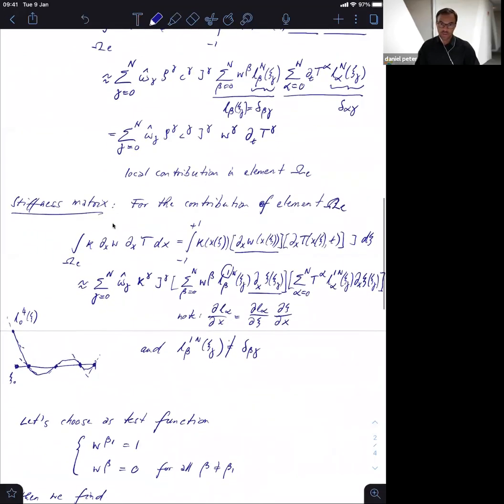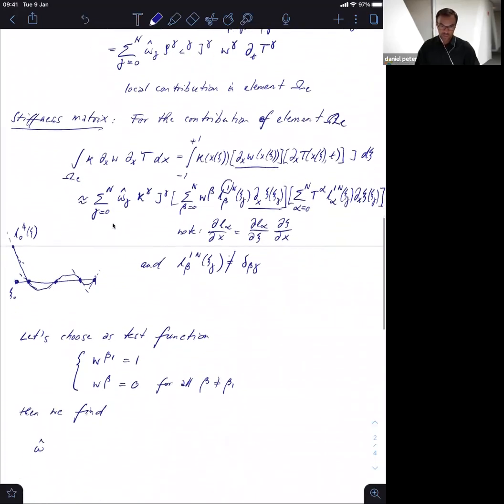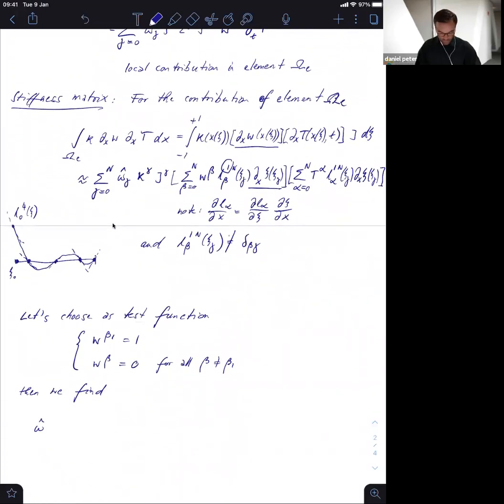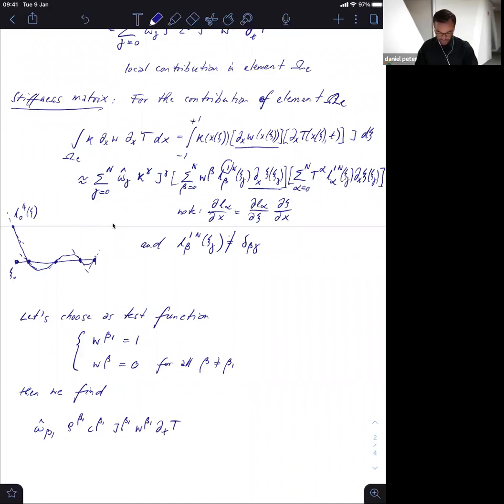So the only non-zero term is this omega beta 1 contribution, rho at beta 1, c beta 1, the Jacobian, and then our test function coefficient beta 1, and the time derivative of the temperature coefficient at the GLL point.